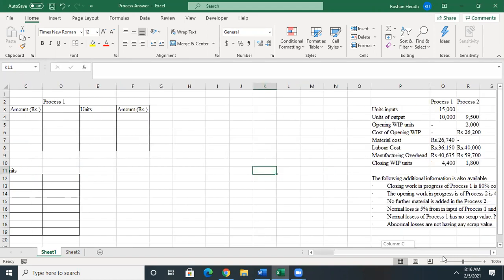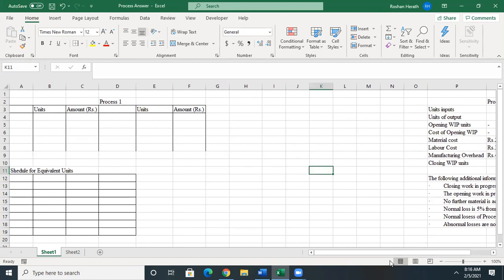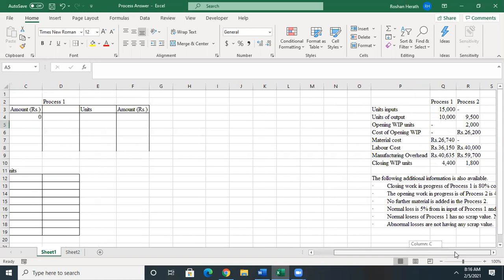information that is given. First, it says that in process 1 you have no opening WIP. So from the beginning, there's no opening WIP, so it's 0, or you can even simply ignore mentioning that.